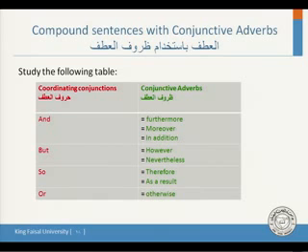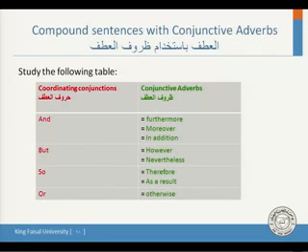The word but means however or nevertheless. You have to learn this. You have to remember them. So but means however and nevertheless. The words so, therefore, and as a result give the same meaning.